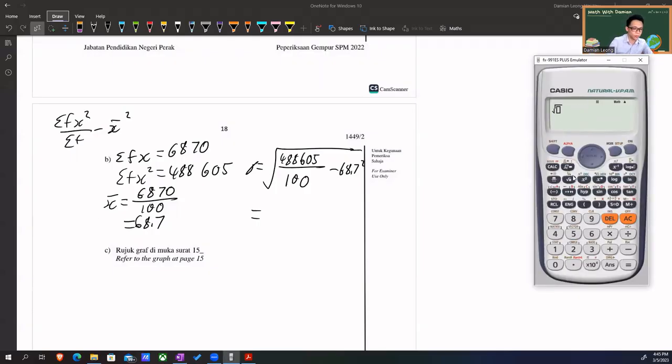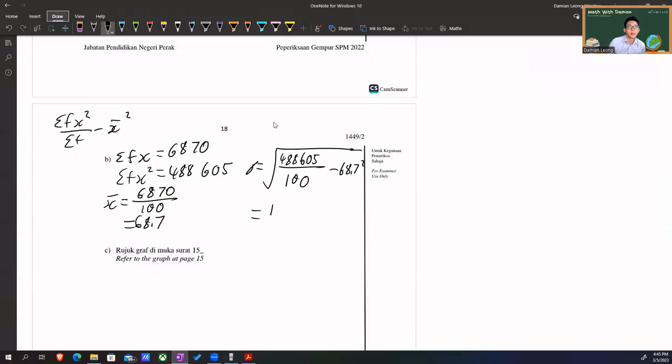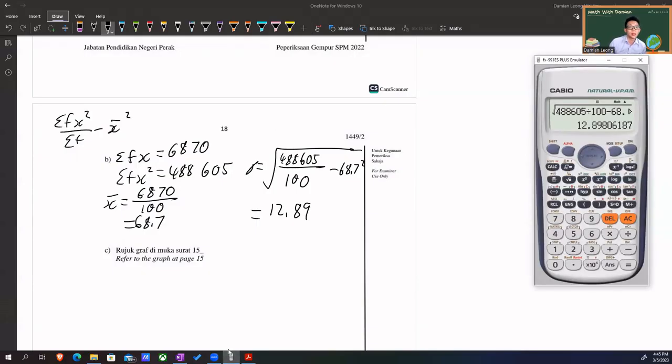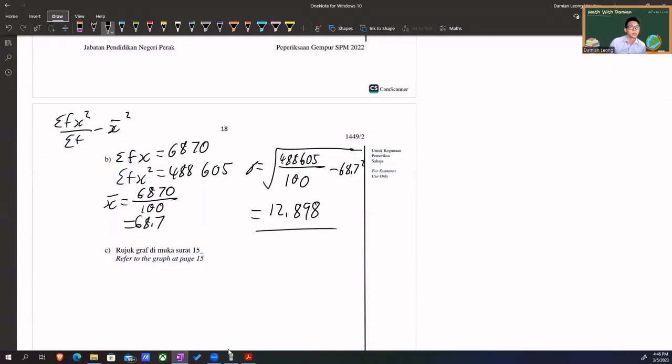So square root of 488,605 over 100 minus 68.7 squared. Yeah, so in the end we get 12.898.